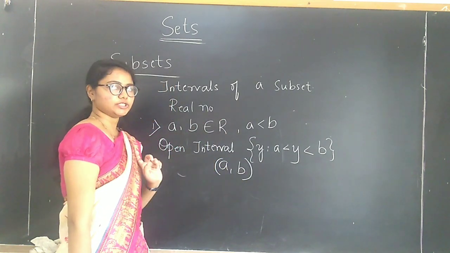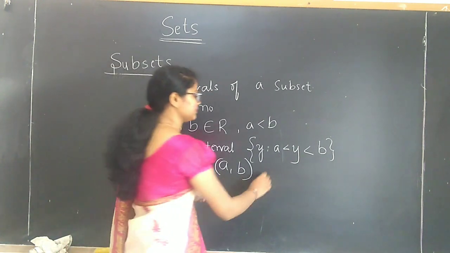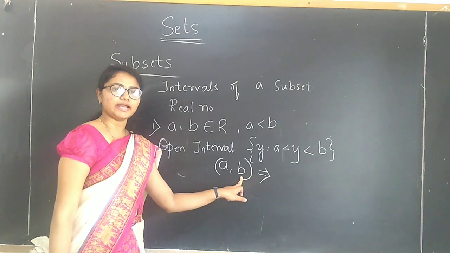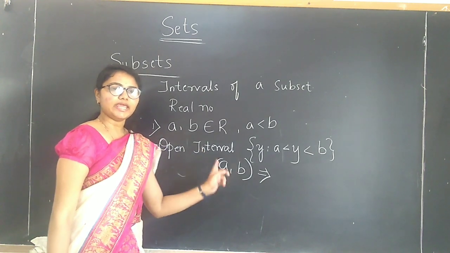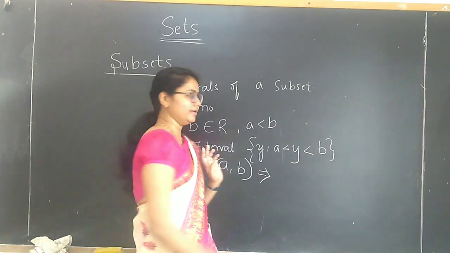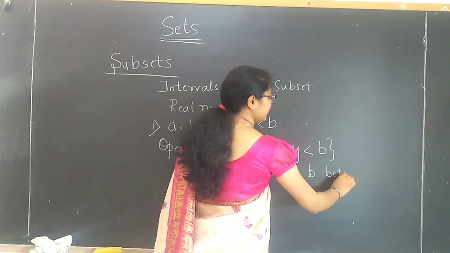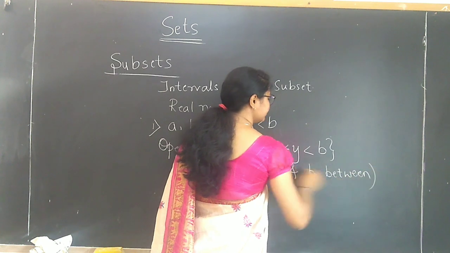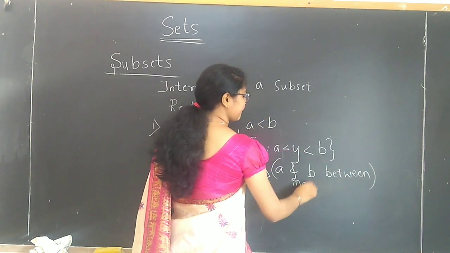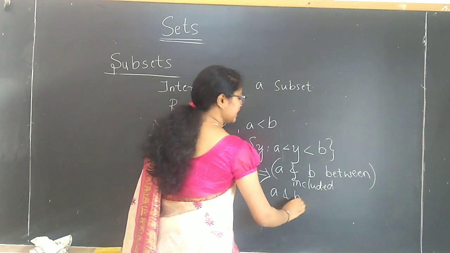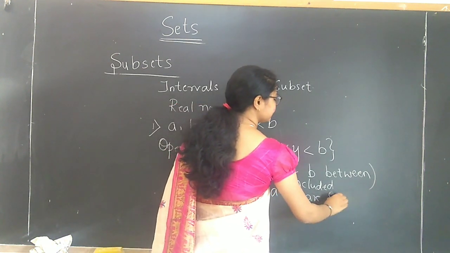What does this actually mean? All the elements between A and B are included, but A and B themselves are excluded.